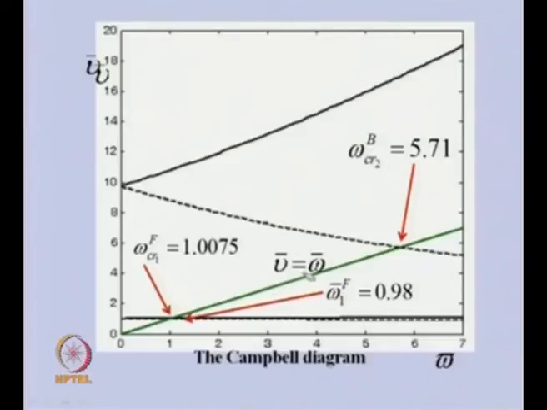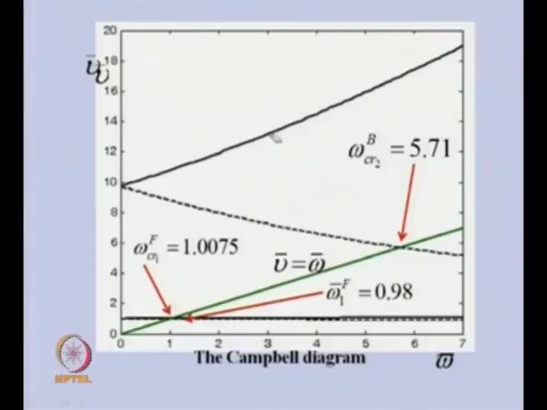So, wherever this particular line intersects the frequency curves, there is a critical speed. The upper part is the one for which we got the root for the forward whirl, similarly for the backward whirl. So, there are two roots here, one for forward and the lower one for backward.